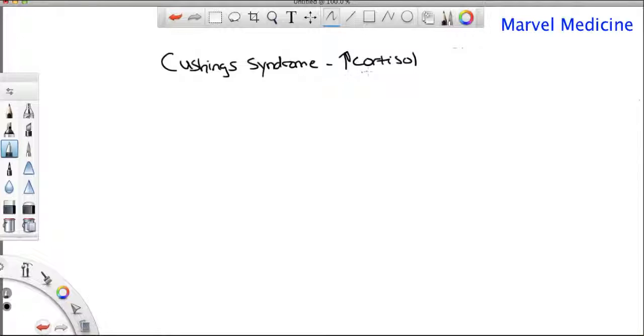And they always describe it on the test with, again, purple striae, buffalo hump, obese, all these things. And that's exactly how they'll describe it to you, okay? Cushing's, and they love testing it with high cortisol. Now, the first place you can get Cushing syndrome from is a tumor in the pituitary gland, okay?